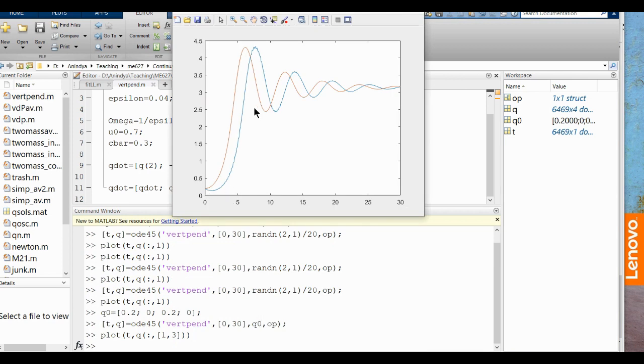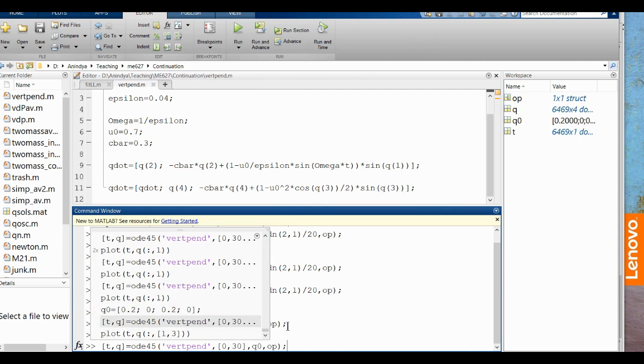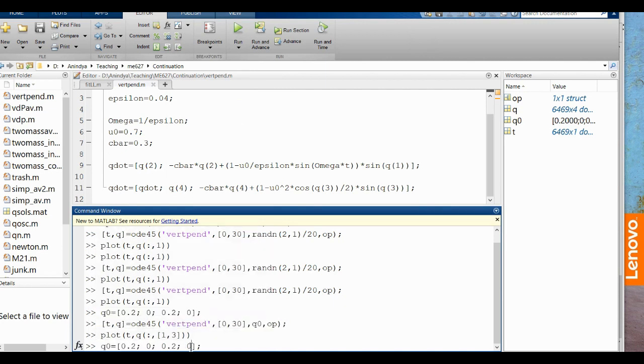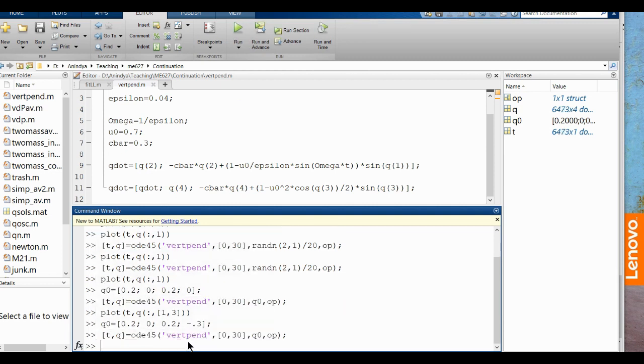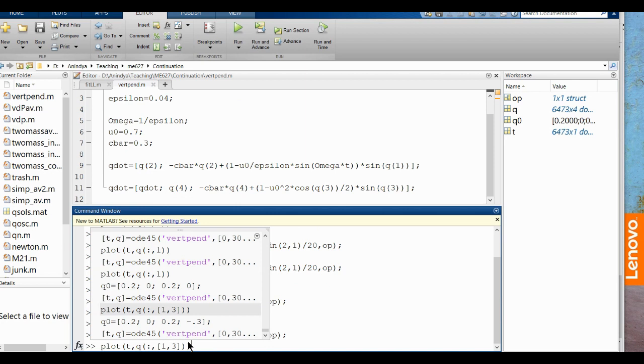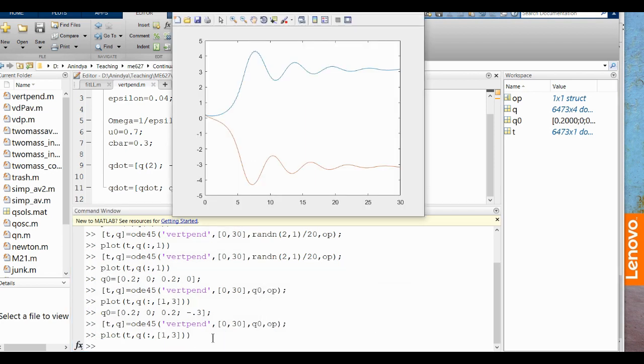Instead of minus pi, it has gone to pi. This initial slope can be changed. We can change it for the red one. And what we can do is we can say minus 0.3 or some such. I'm just guessing. Oh, that was too far.